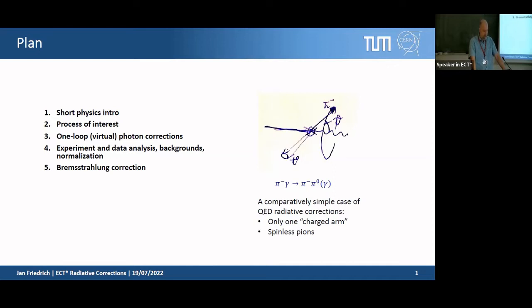And then the real internal corrections, the Bremsstrahlung corrections. That is maybe why I thought it is worthwhile to bring this case here, because it is a comparatively simple case of QED radiative corrections.